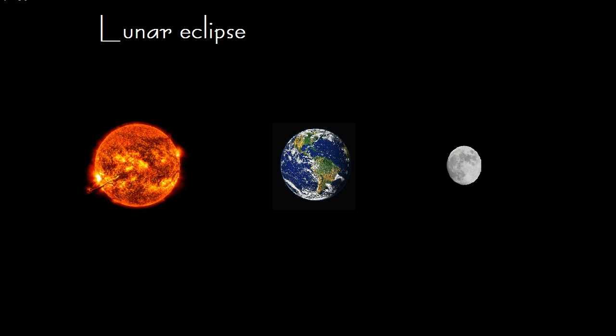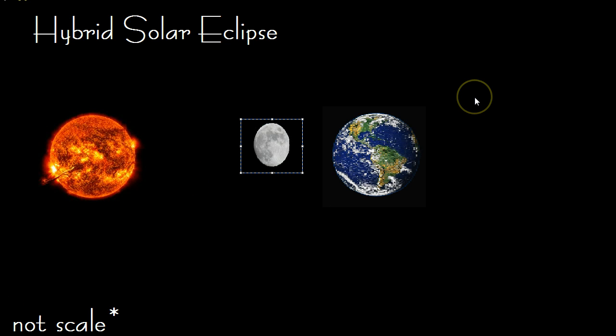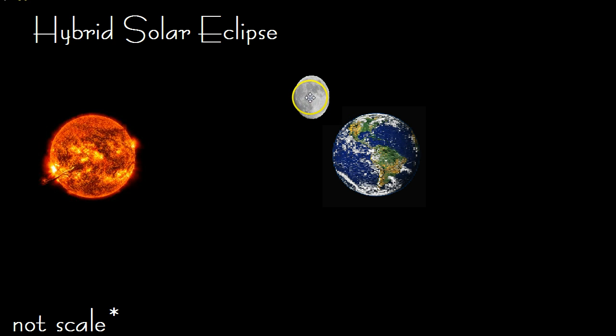Now sometimes something happens that we call a hybrid solar eclipse. What that means is, let me put this. Hybrid solar eclipses happen when the same principles apply. The Moon is orbiting the Earth, and it happens to be on the same plane of orbit, but then this orbit changes.